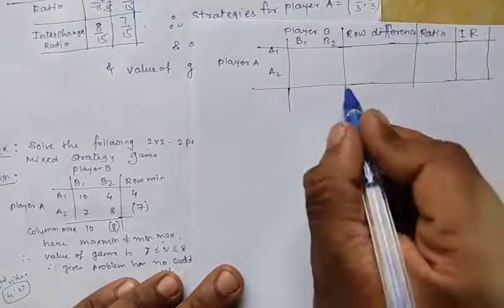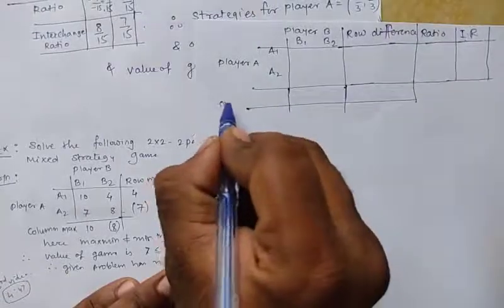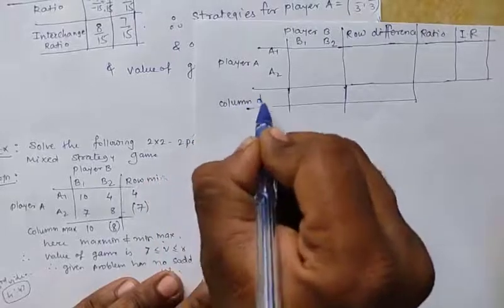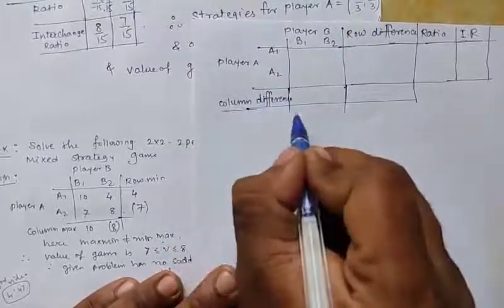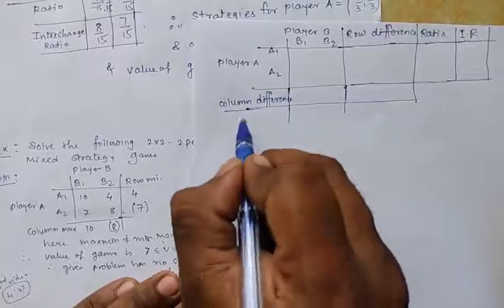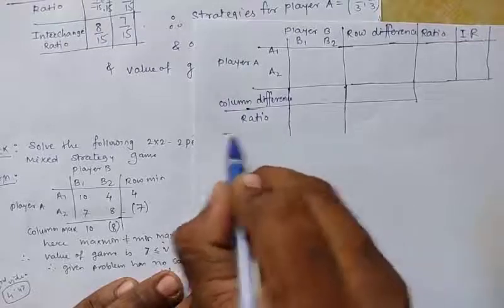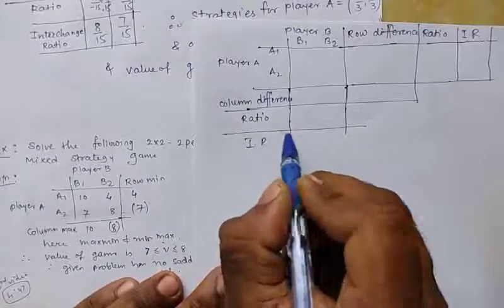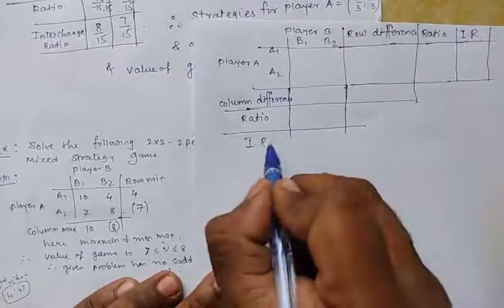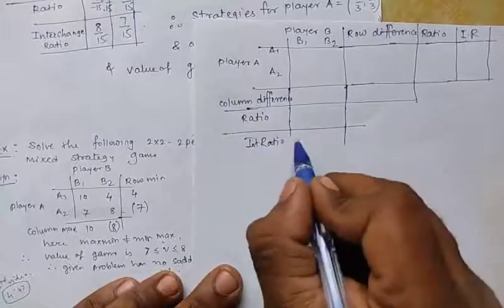Next is the column difference. Next, the ratio. Next, find out the ratio. Next is again interchanging the ratio. Okay. So find out.